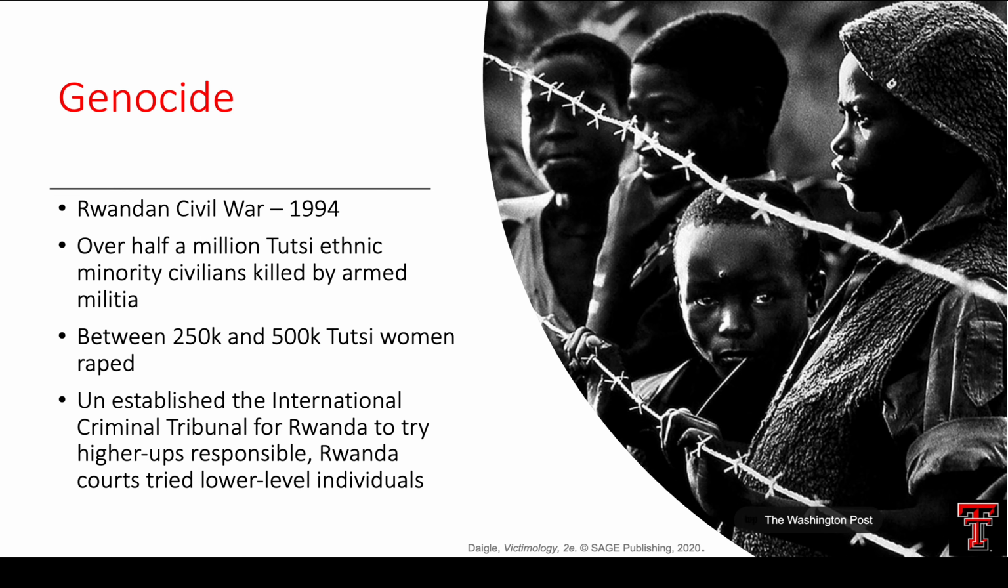And the U.N. established an International Criminal Tribunal for Rwanda to try the higher-ups that were responsible for this. So they made a completely new tribunal just to try this specific crime. Rwandan courts tried lower-level individuals, and they officially closed this in 2015.